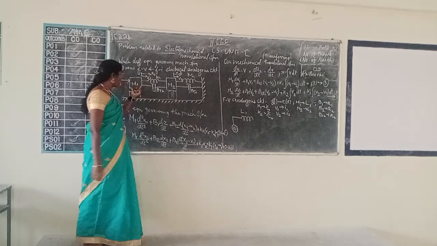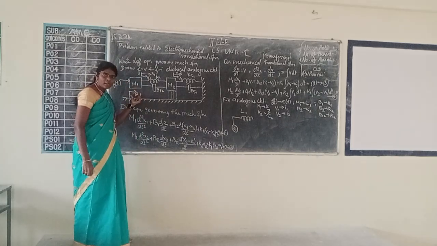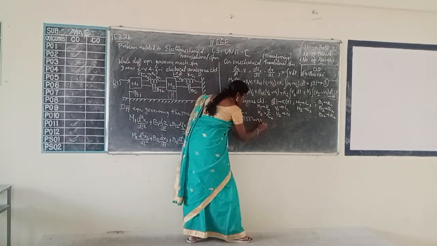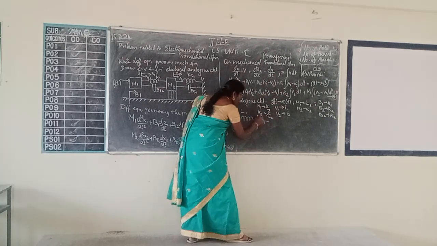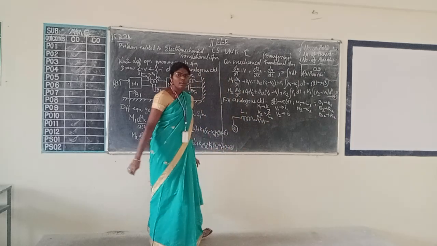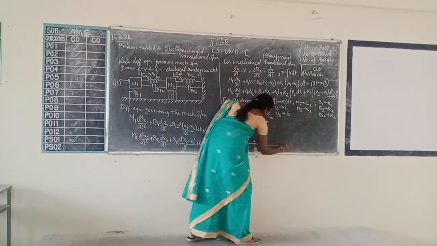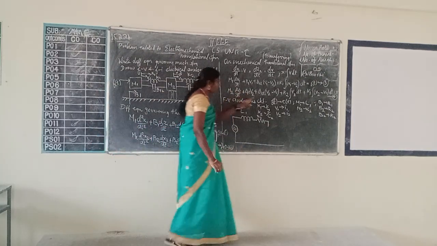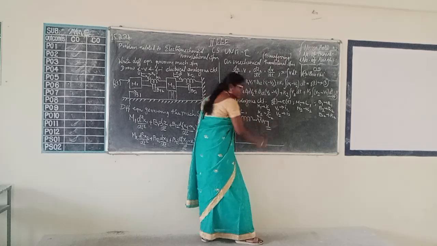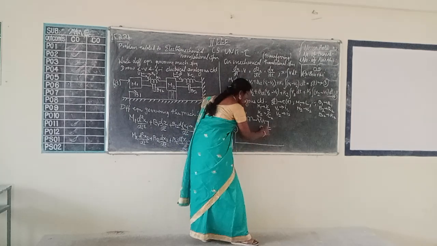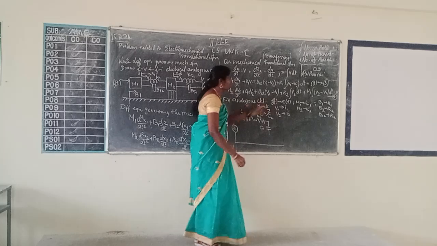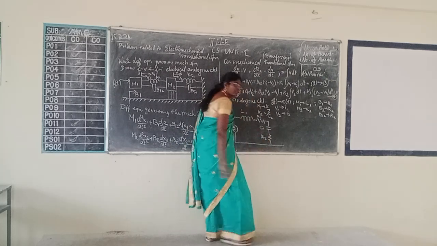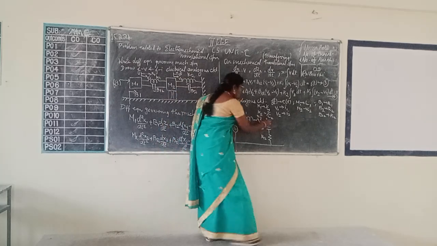For this L1, who is individual to L1? B1, which is drawn as resistance R1. So for L1, R1 is individual. And who is common? The spring K1 and B12. K1 is represented by capacitance C1, and B12 is represented by resistance R12. You understood?